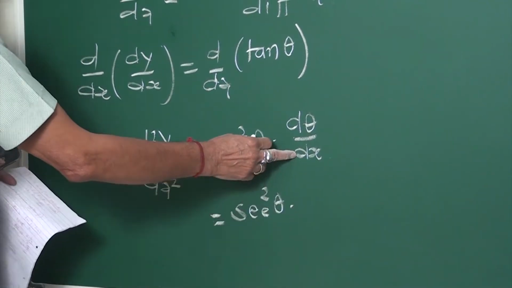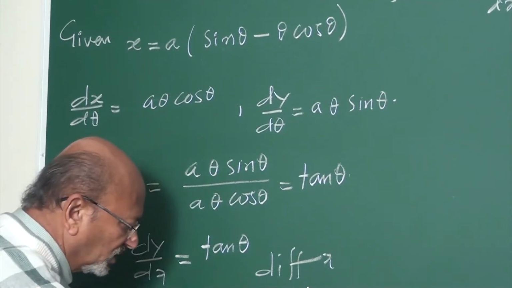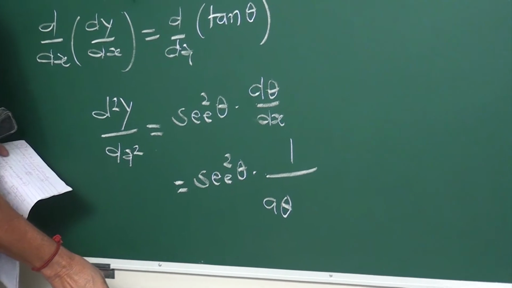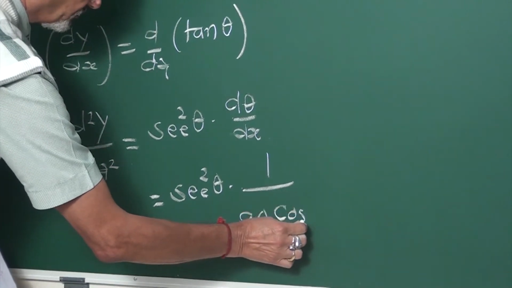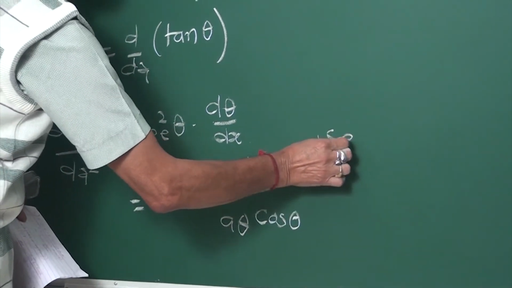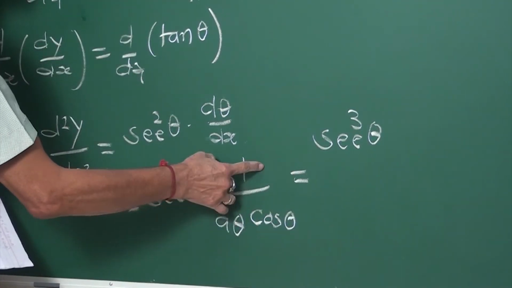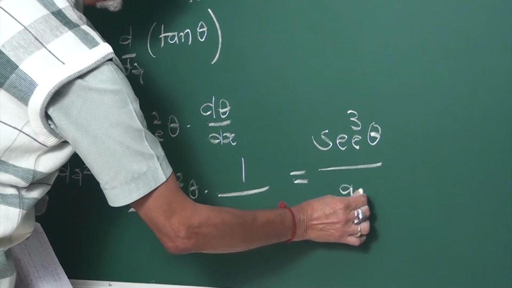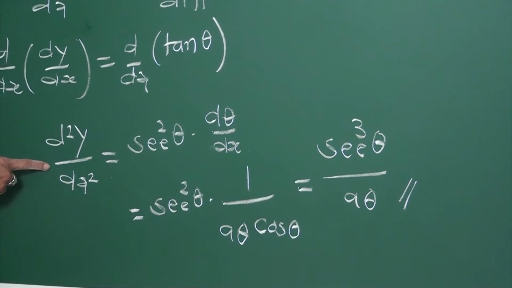What is d theta by dx? Reciprocal of this, it is 1 upon a theta cos theta, which becomes sec cube theta. Sec square into sec gives sec cube, upon a theta. My friends, this is the second derivative.